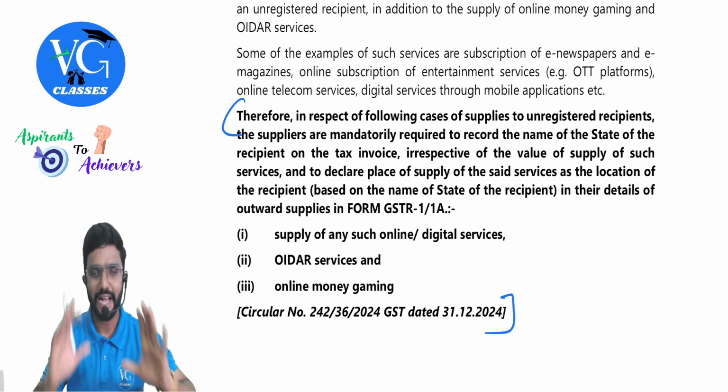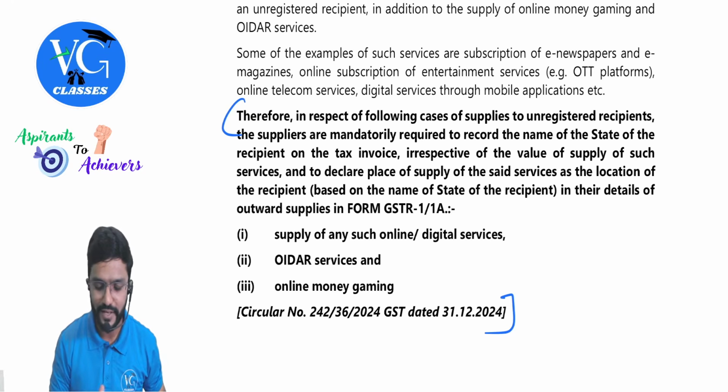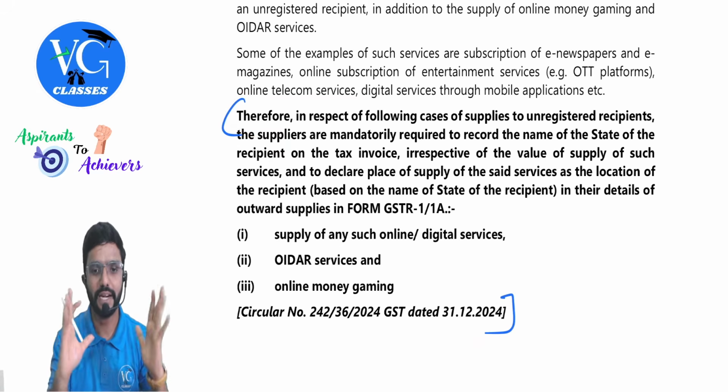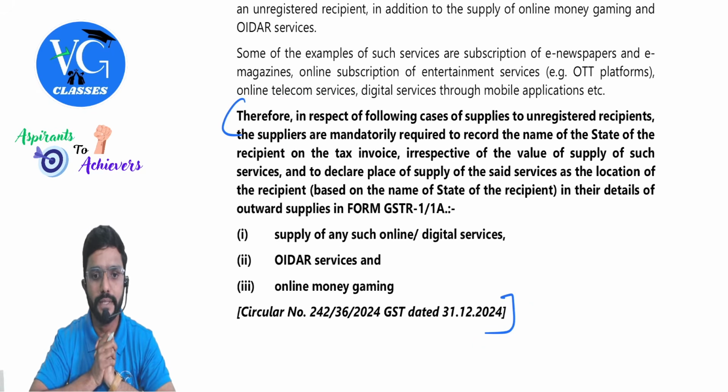Okay. Guys, the last paragraph, which is very important. See, this is where you get the proper clarity. So much of story is given at the end. Conclusion. What is it?